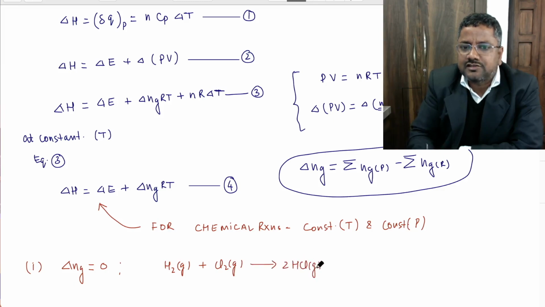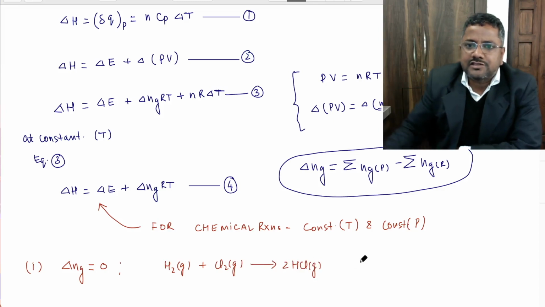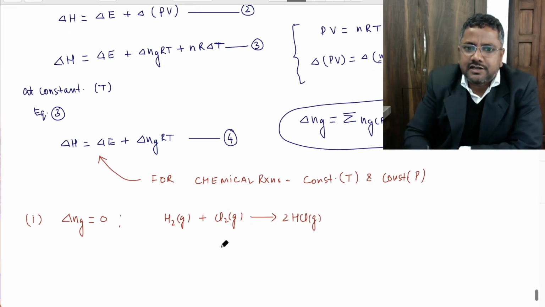What is delta Ng for this reaction? Delta Ng is equal to 2 moles of product minus 1 minus 1, you have to take the balanced equation.